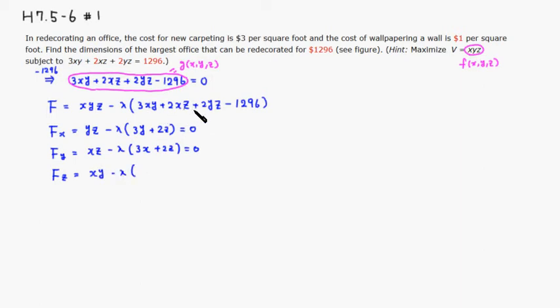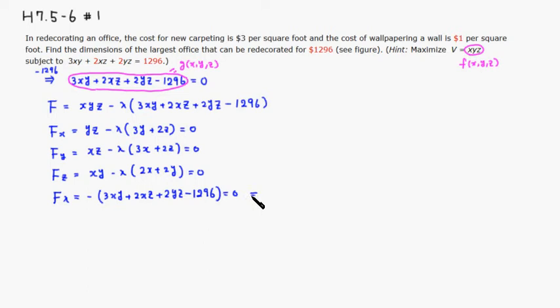Alright, so that's 0, that's going to be 2x plus 2y, and 0, so it's equal to 0. Partial of F with respect to lambda is going to be just the same thing as that, so it's a negative 3xy plus 2xz plus 2yz minus 1296, this is equal to 0, right?